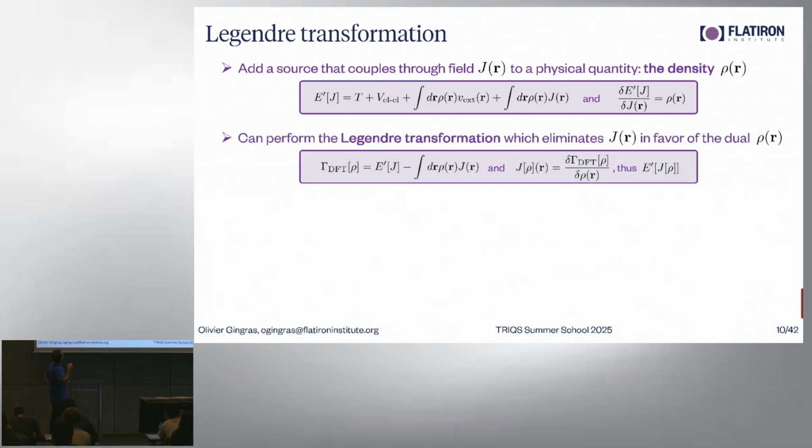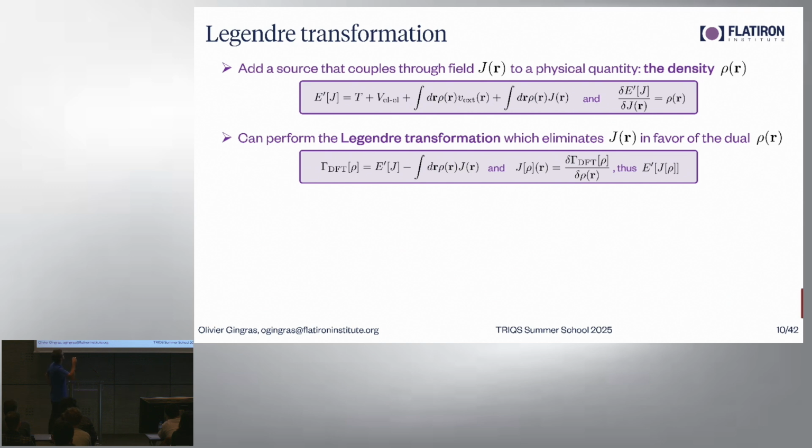So you can apply the Legendre transformation to this new functional that we just constructed, and get rid of the source term J in favor of its dual in the Legendre transformation, which is the density.